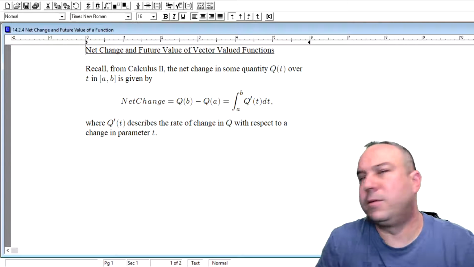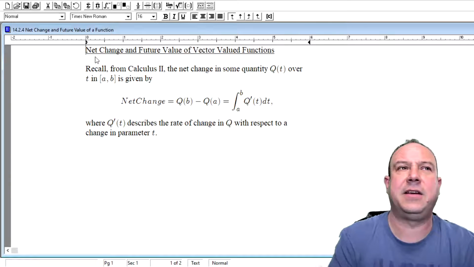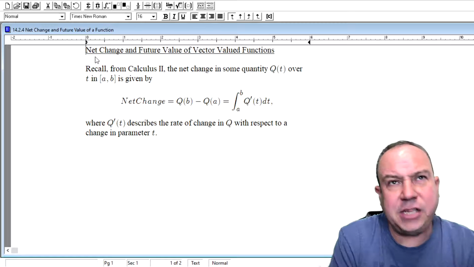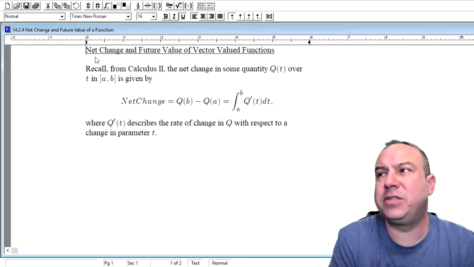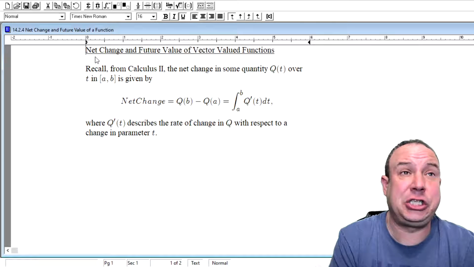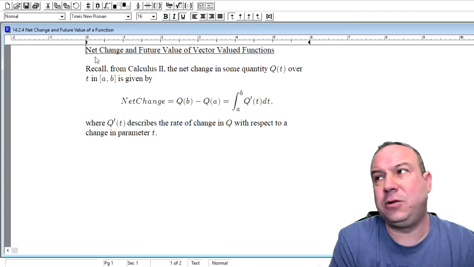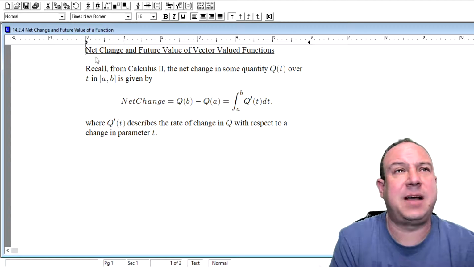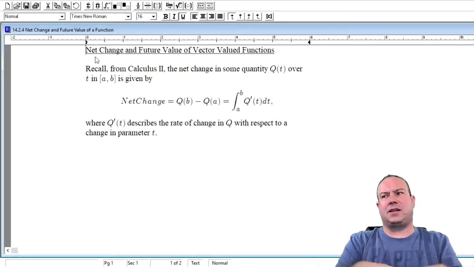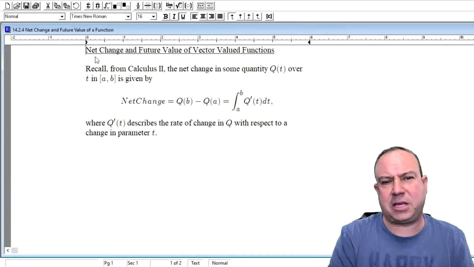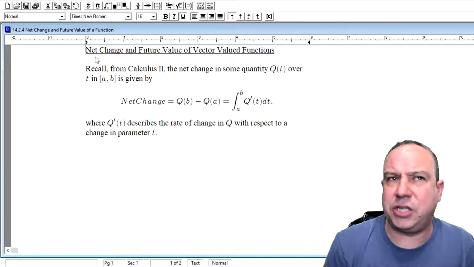Here are our notes. To begin with, net change and future value of vector valued functions is what we're looking at here. And recall, net change and future value were concepts presented back in Calculus 2, right at the beginning of that semester. Usually you're presented with the concept of net change as some application of the integration process, and this is one place that integration is used.